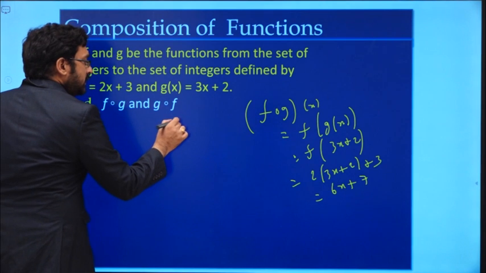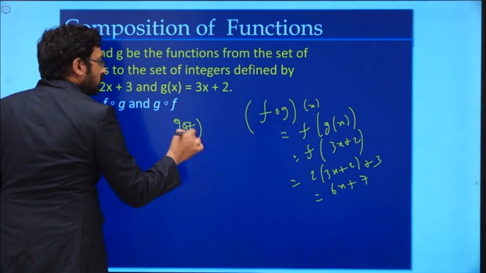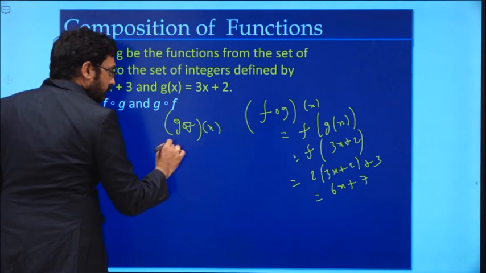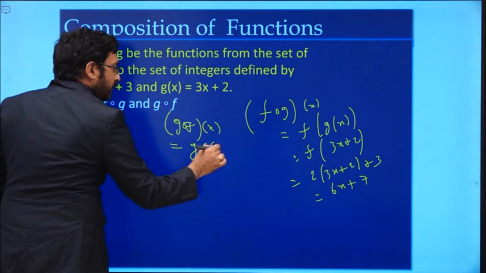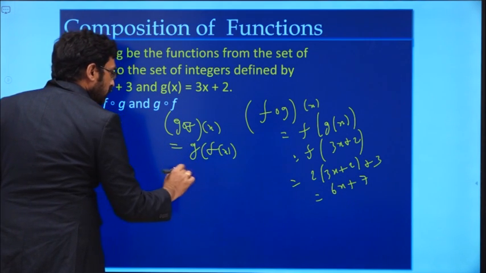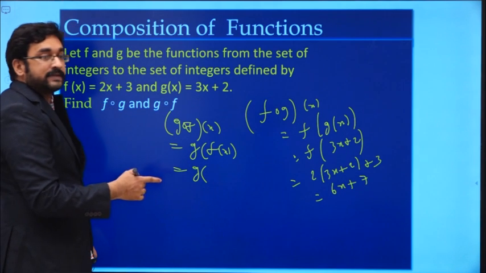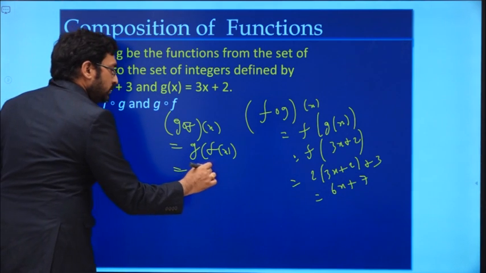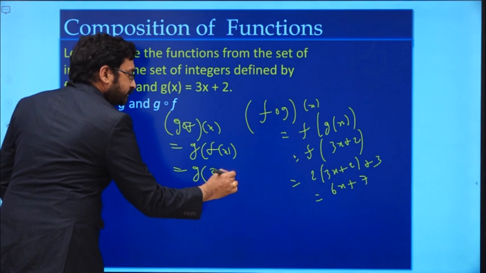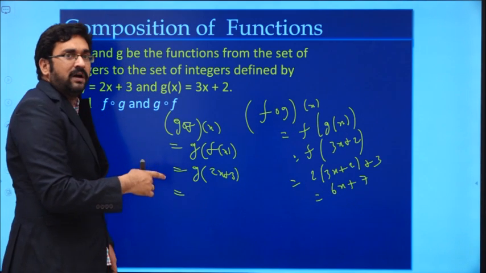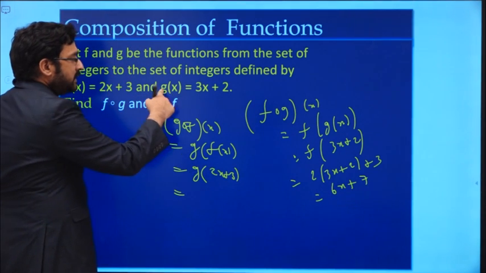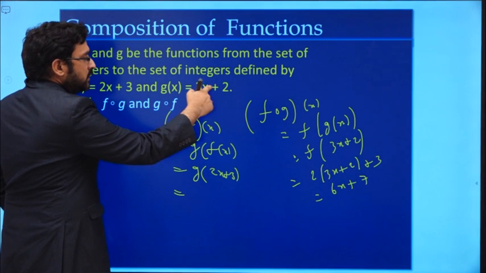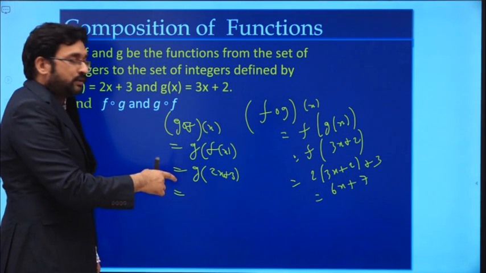Similarly, find g circle f of x. So g circle f of x equals g of f of x. So what is f of x here? F of x is 2x plus 3. So we got g of 2x plus 3. What is g of x? 3x plus 2. So here in place of x, substitute 2x plus 3.